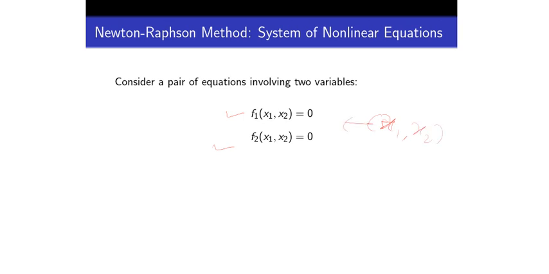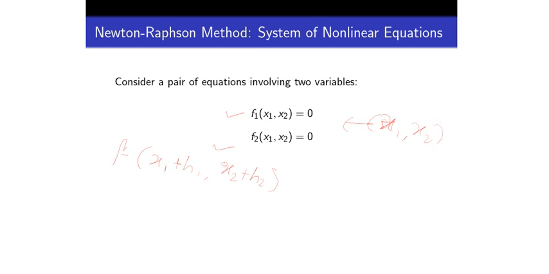Again you will proceed in a similar manner as for the single variable case: you take corrections in both directions, x1 plus h1 and x2 plus h2. Then you take the help of the Taylor series of a function of two variables, linearize it and neglect the higher order terms. You will obtain the Newton-Raphson method for solving a system of nonlinear equations.